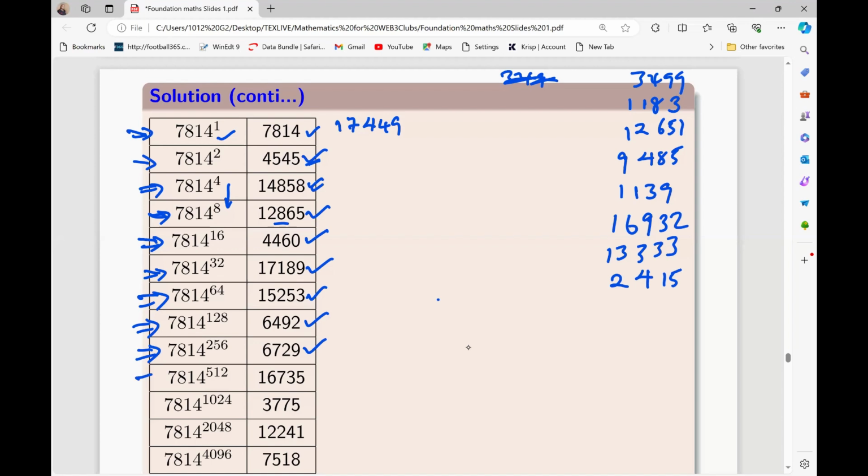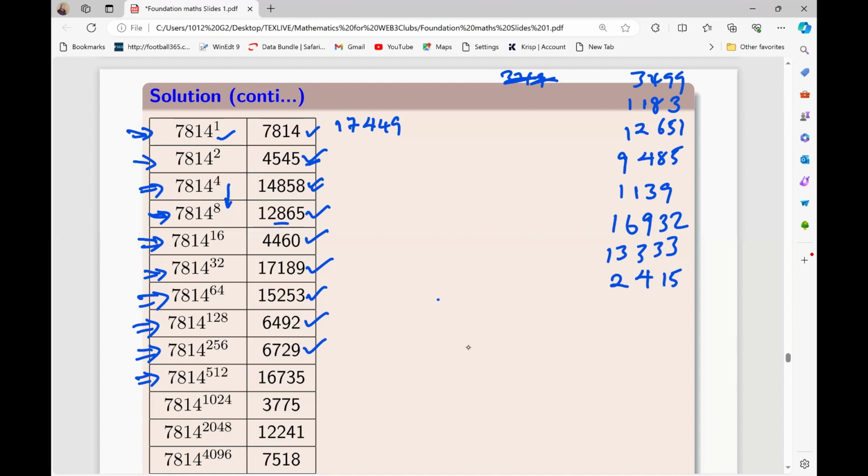Square that to get the next line. Let's square that. You get 45,279,441. And our divisor is still the same, 17,449.